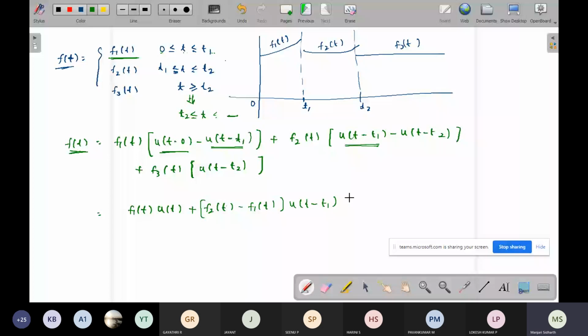Similarly, f3t minus f2t will be multiplied by u of t minus t2. So this is your ft.